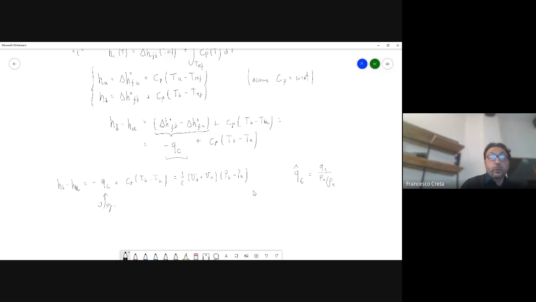Remember that P over rho is essentially RT if we use the equation of state for gases, and this is again in joules per kilogram. This right-hand side term is non-dimensional, but it's going to represent in non-dimensional terms the heat of reaction across this combustion wave.